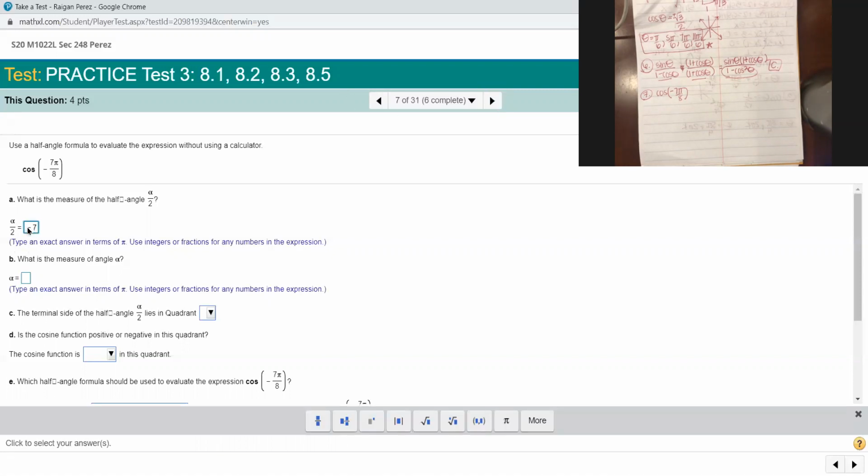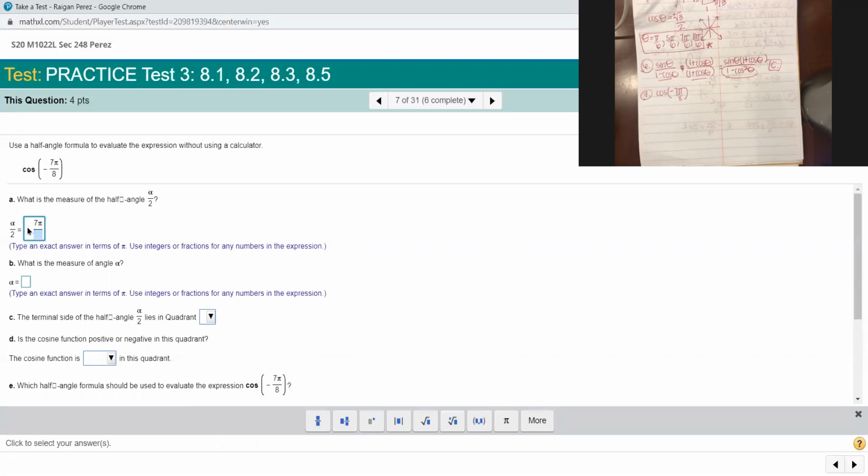Well, this is the half angle, negative 7 pi over 8. So what would the measure of that be? So basically you're multiplying by 2. So negative 7 pi over 8 times 2 is negative 14 pi over 8, but that simplifies to negative 7 pi over 4. So that's alpha.